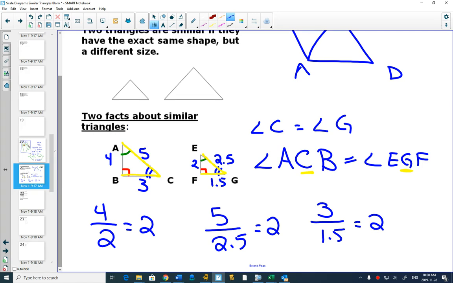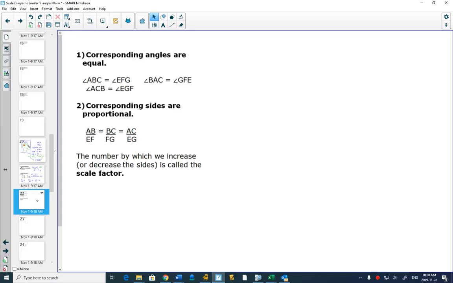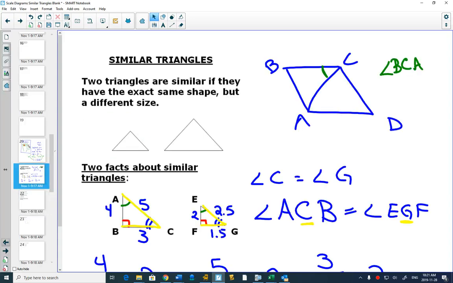So similar triangles have as a second key concept that the corresponding sides are proportional, and the number by which we increase or decrease the sides is a scale factor. And that's why this is in this unit and how it's connected.